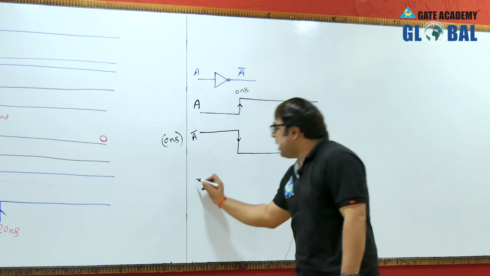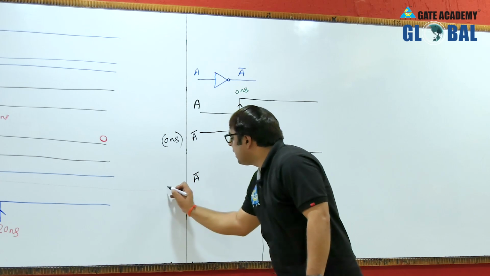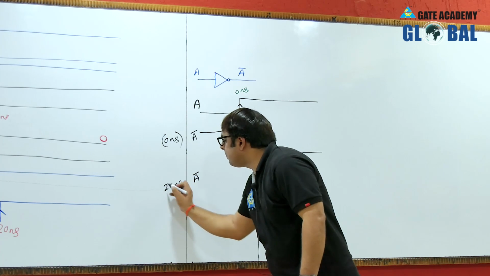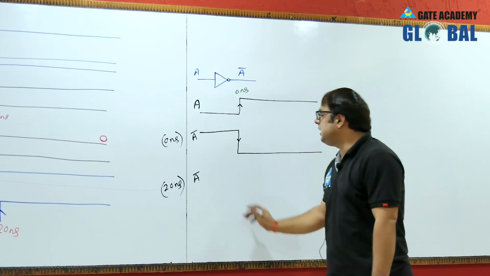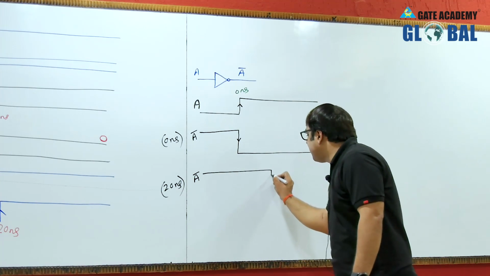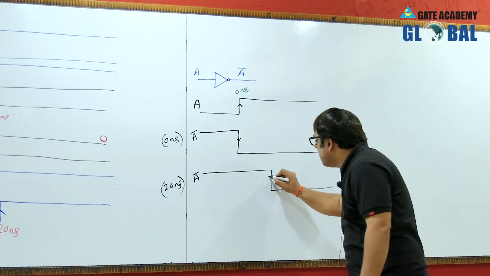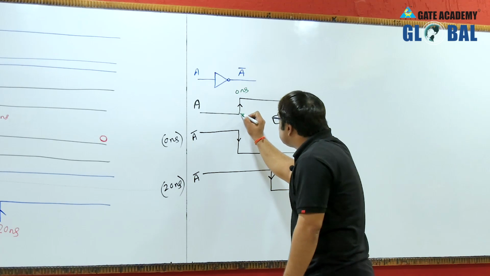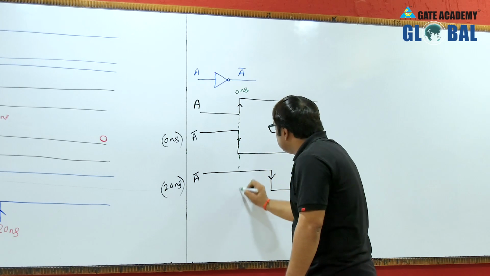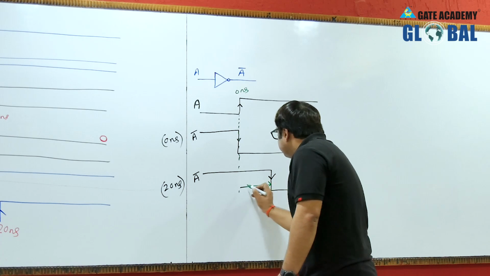But if this NOT gate is having a propagation delay of 20 nanosecond, the final waveform will be like this, same transition but after 20 nanosecond.